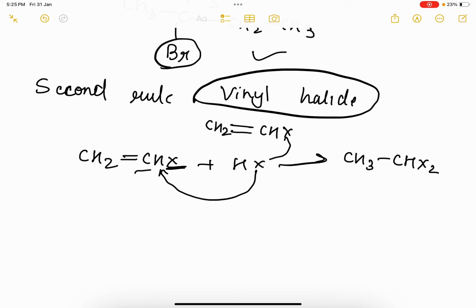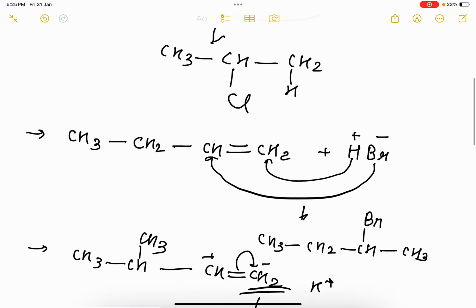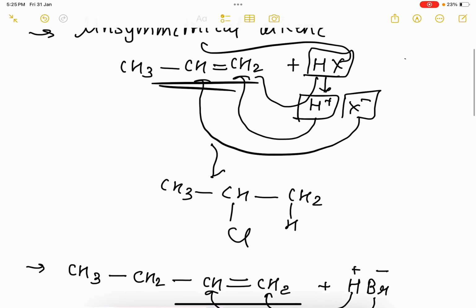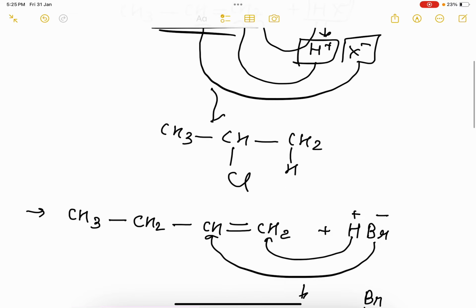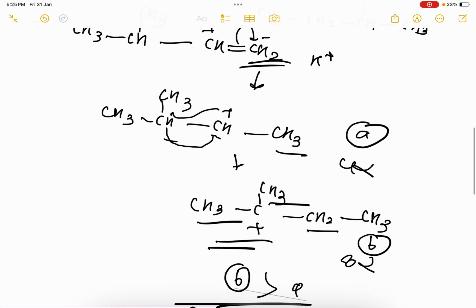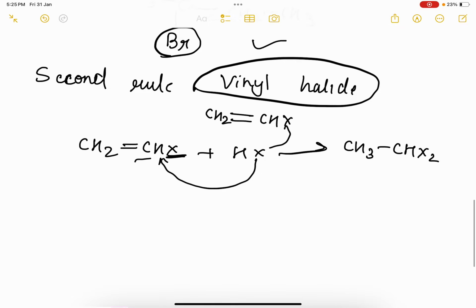So these are two rules of Markovnikov. The first rule says that when a molecule of HX adds to an unsymmetrical unsaturated hydrocarbon, the electrophile goes to the unsaturated carbon atom bearing more number of hydrogen. But in a vinyl halide, halogen goes to that carbon which already contains another halogen atom.